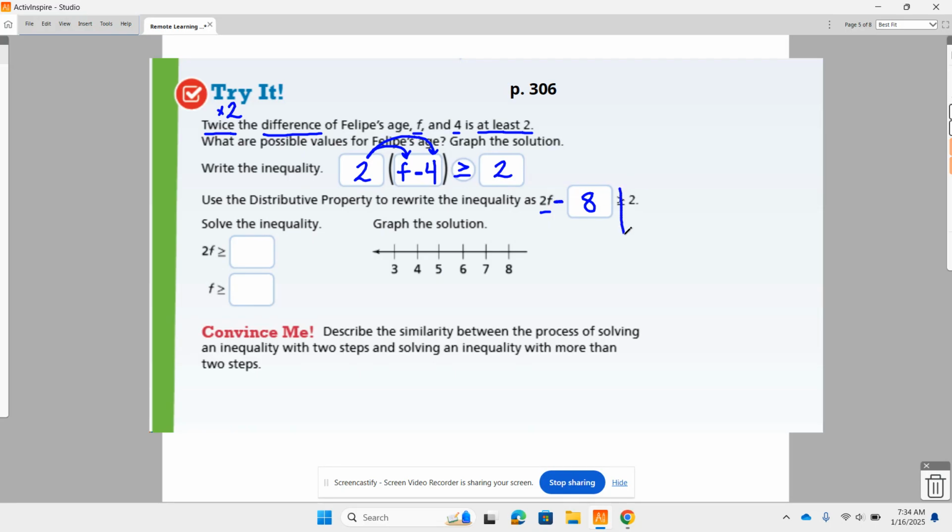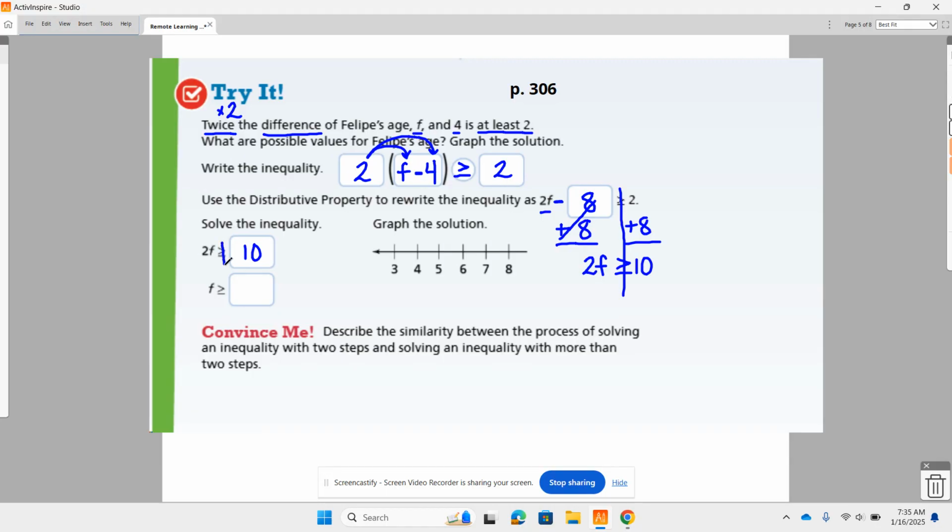Now let's try to do our inverse operations. Opposite of minus 8 is plus 8. Okay, that gives us 10. Bring down our greater than or equal to and our 2f. And we're going to put that over here to do our final step.